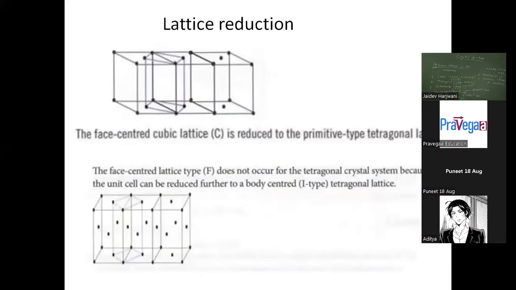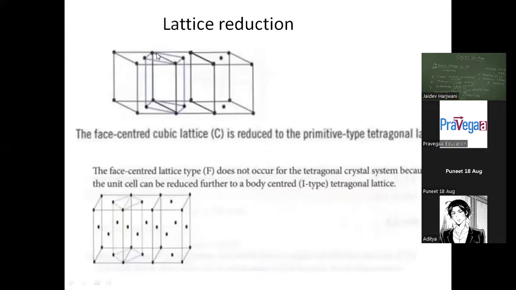Yes, sir. Now this is the lattice reduction. I was discussing why we do not have this base centered unit cell in the cubic lattice. If I try to make this base centered cubic lattice, you can see we can combine these atoms and create another smaller tetragonal lattice.